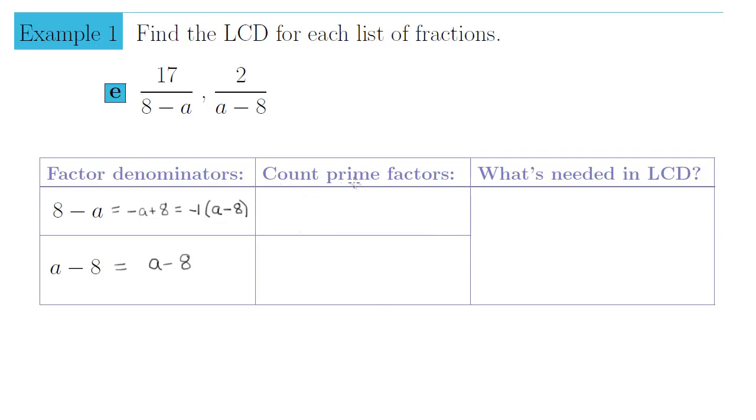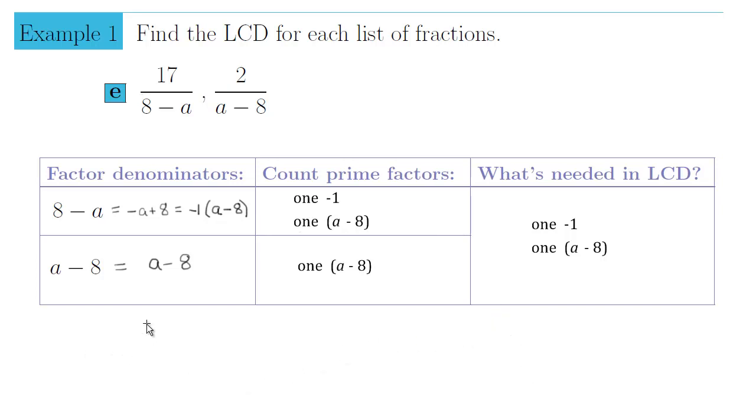Now we proceed to count the prime factors in each of these factorizations. In the first factorization, there's one negative 1 and one a minus 8. In the second factorization, there's just one a minus 8. So what's needed in our LCD? Our LCD needs one factor of negative 1 and one factor of a minus 8.